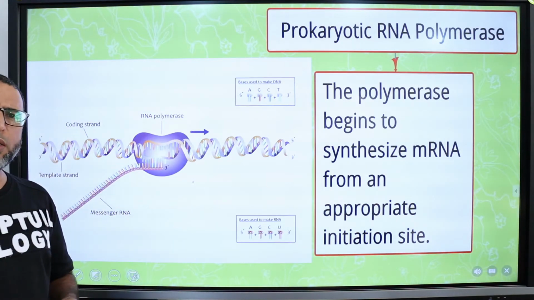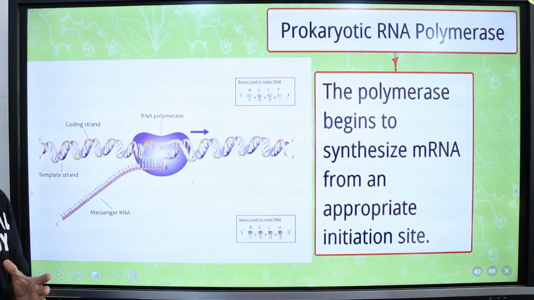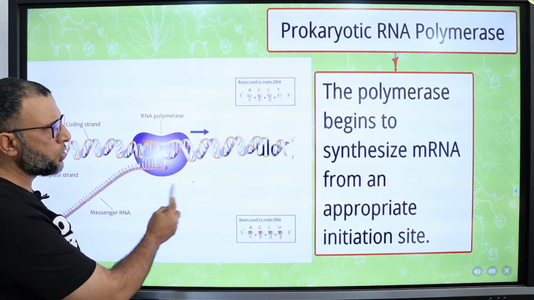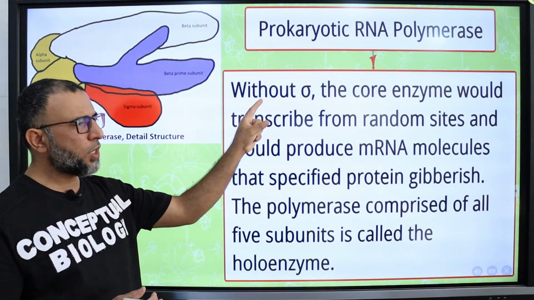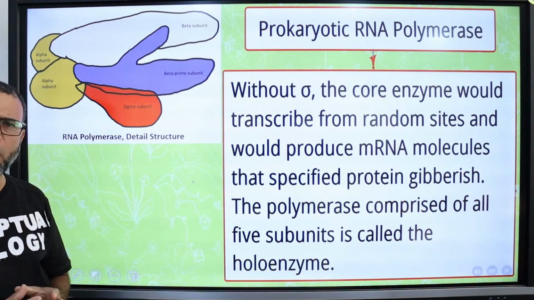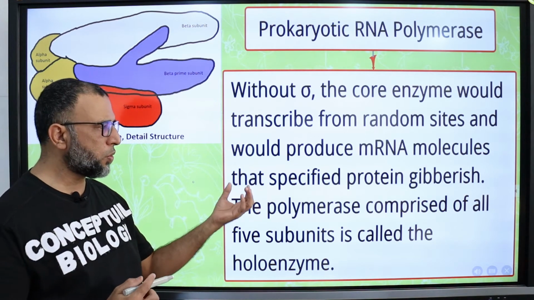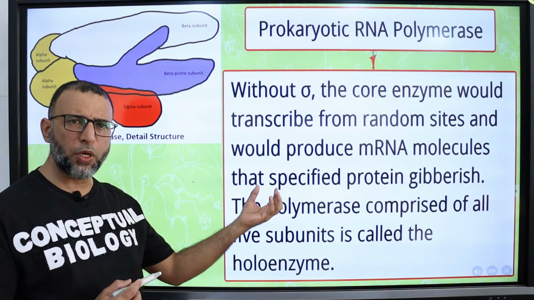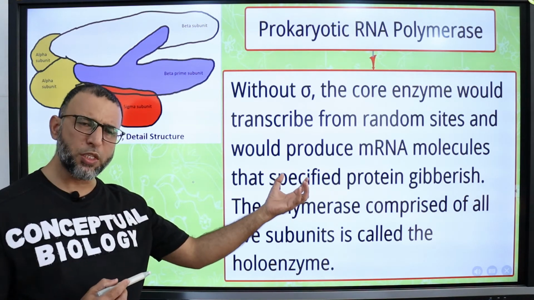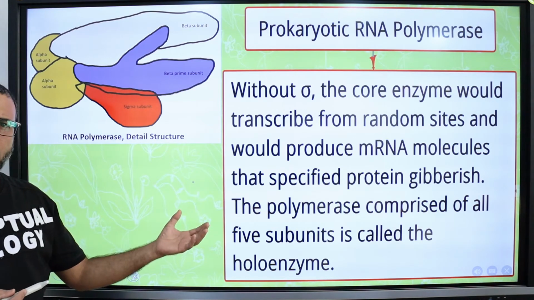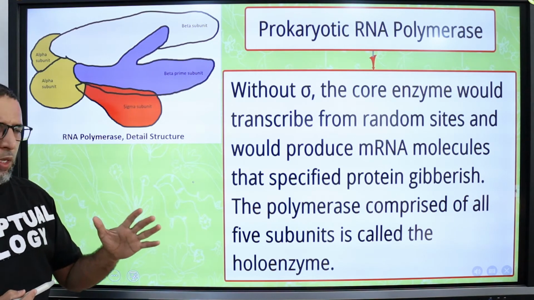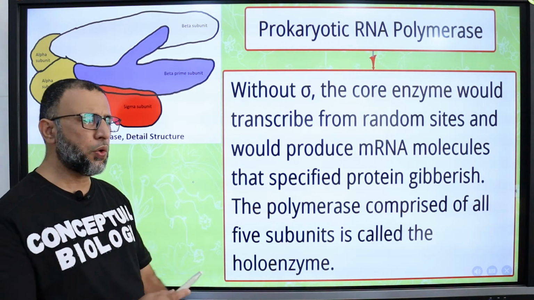It helps the RNA polymerase enzyme begin the synthesis of mRNA from an appropriate initiation site. Without sigma subunit, the core enzyme would transcribe from random sites and would produce mRNA molecules that specify gibberish, nonsense protein. The polymerase comprising all 5 subunits is known as the holoenzyme.